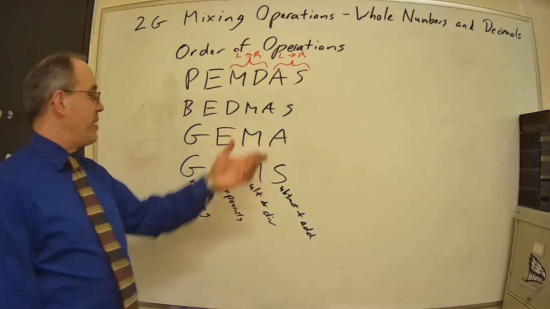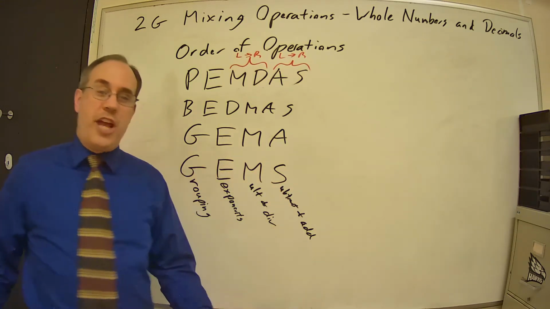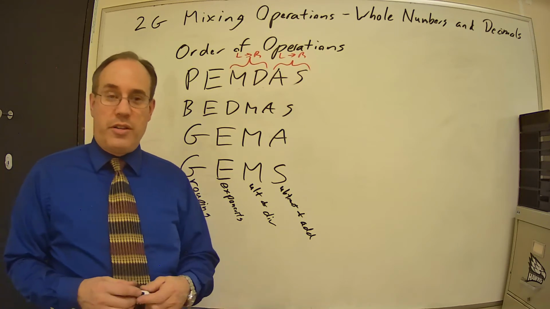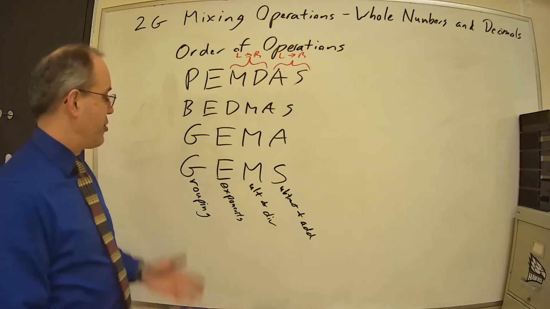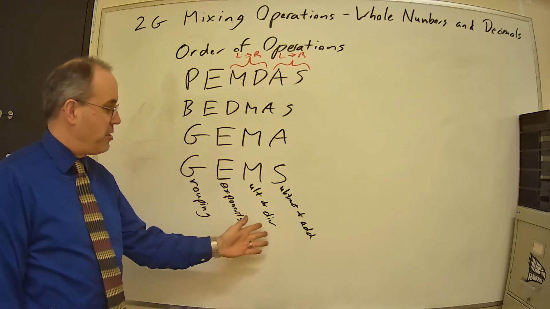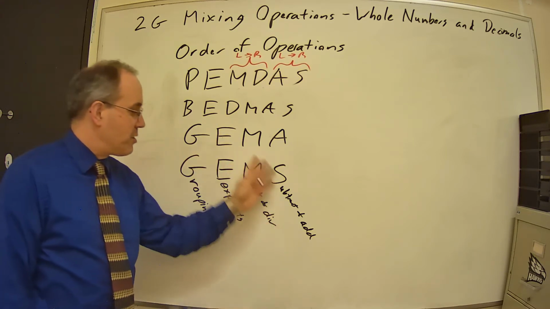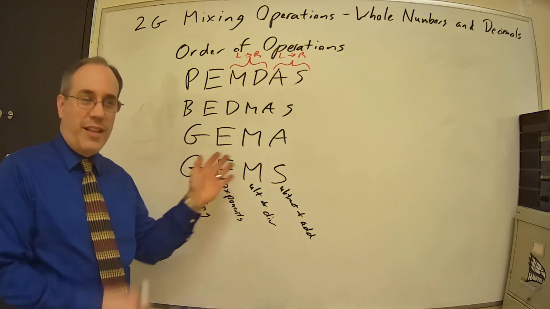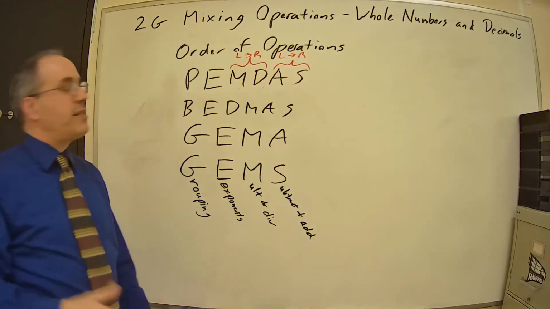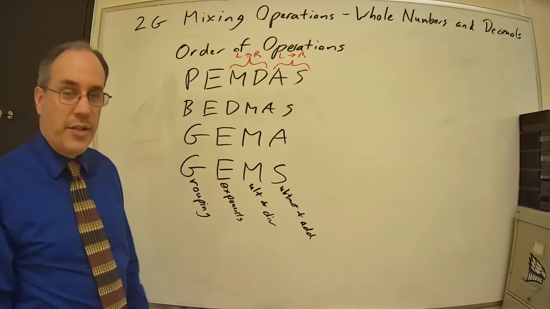Now, the reason I like this better is it's easy to remember gems, right? Things that are very important, things that are very valuable. So we have our grouping, our exponents, multiplication, division, going left to right, subtraction and addition, going left to right. So just a number of different ways that we can remember order of operations.